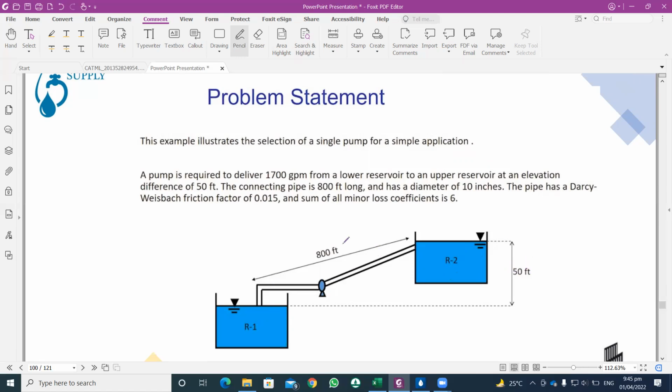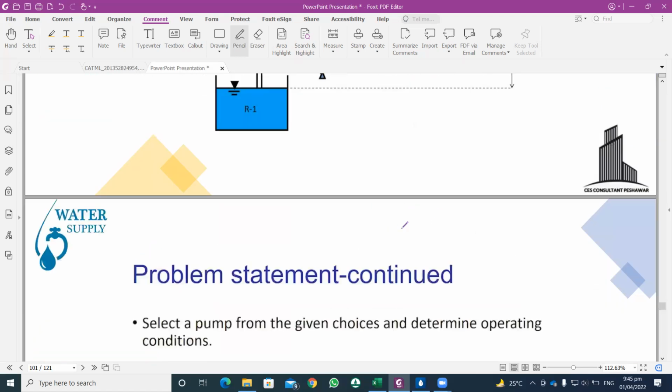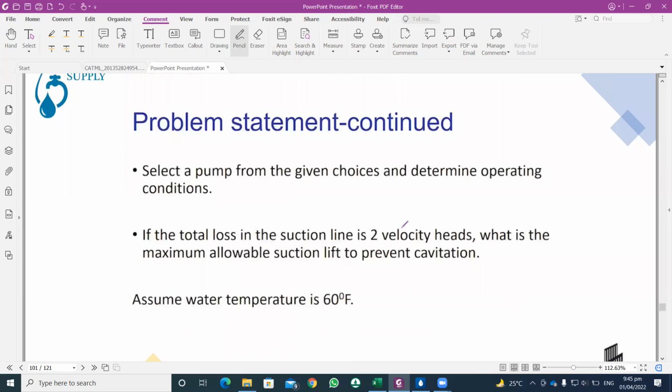The length of the pipe is about 800 feet, and the diameter of the pipe is about 10 inches. The friction factor of the pipe is about 0.015, and the sum of all minor losses occurring in this pipe is about 6. Select a pump from the given choices and determine the operating condition.